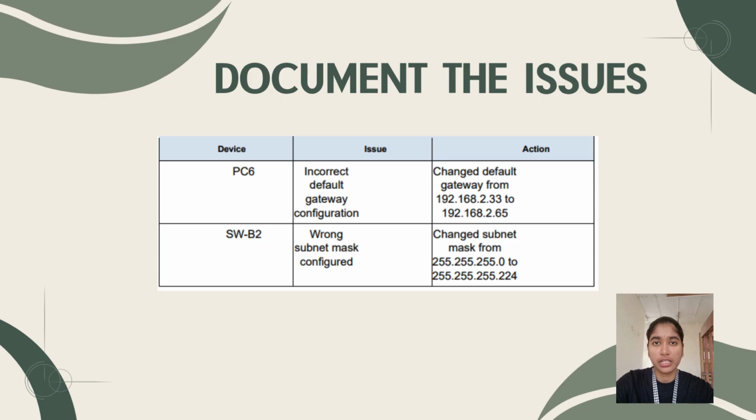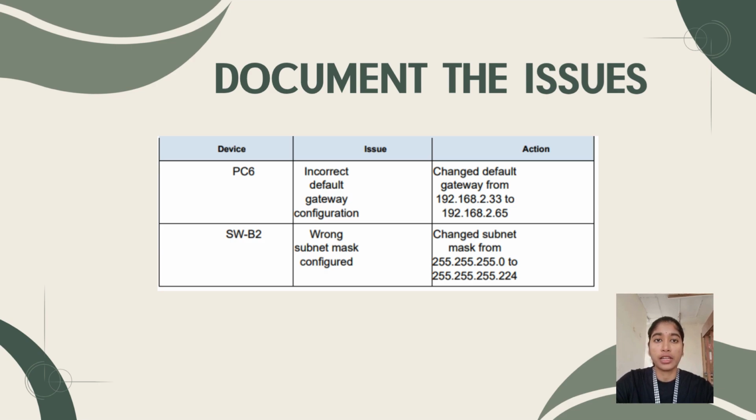After our investigation, here are the specific issues we discovered and the actions we took to resolve them. For PC6, the default gateway was incorrectly set to 192.168.7.19 instead of the correct one, 192.168.6.1. This means the PC didn't know how to send traffic outside its own network. For switch B2, the switch had the wrong subnet mask.